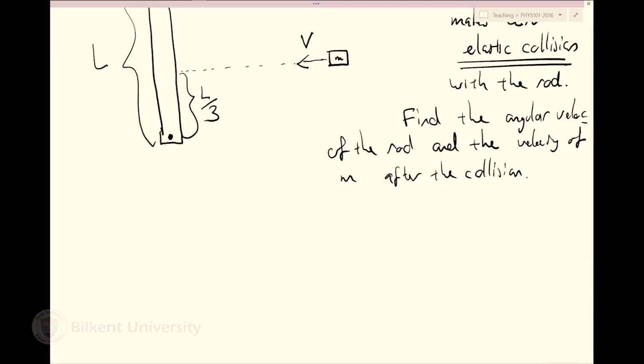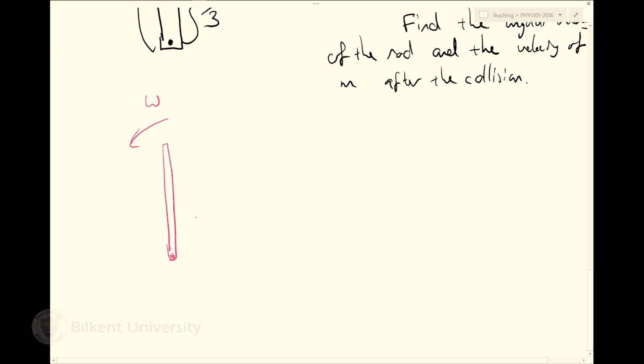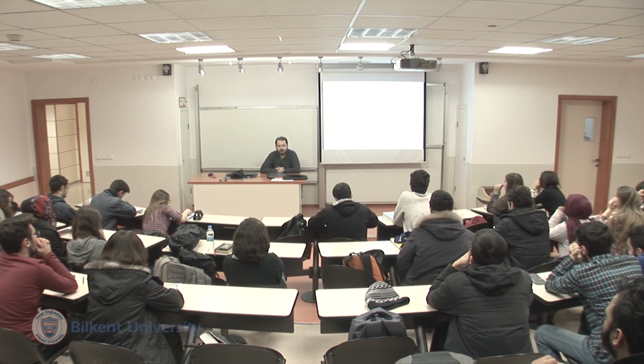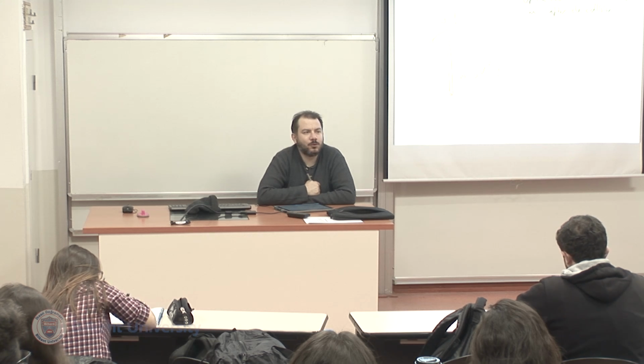My expectation is that this rod will start rotating with some angular frequency omega to the left, and the small mass m goes back with some velocity v prime. So I am asked to find that angular velocity and that velocity after the collision.